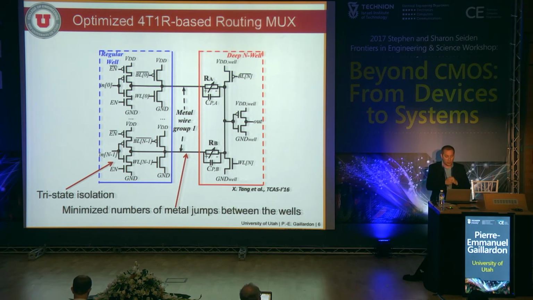So now we try to get a better understanding on how to make an optimized routing multiplexer. And here's the general message I would like to give here. Physical design does play a big role. It's very important to consider how to arrange your different wells and the different types of transistor you're going to use to program these devices. And here's our solution.